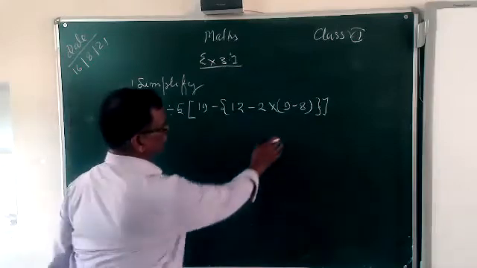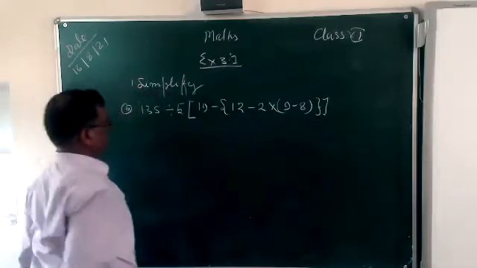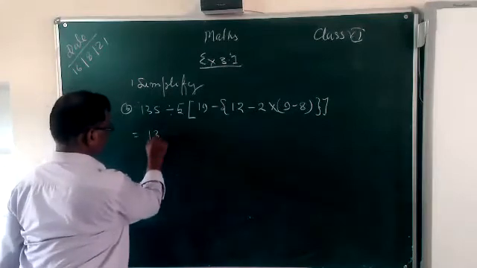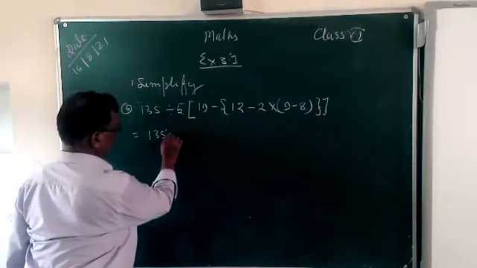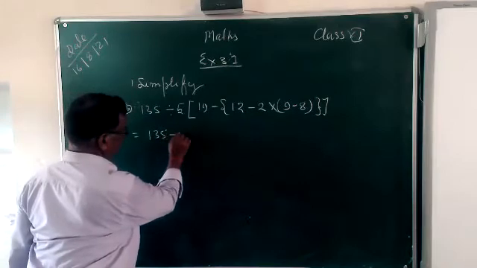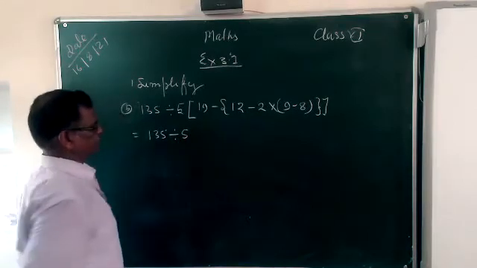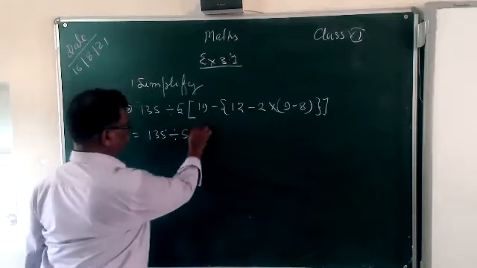So see, first you remove the common bracket. So that is 135 divided by 5.